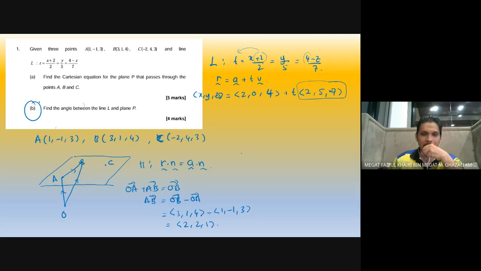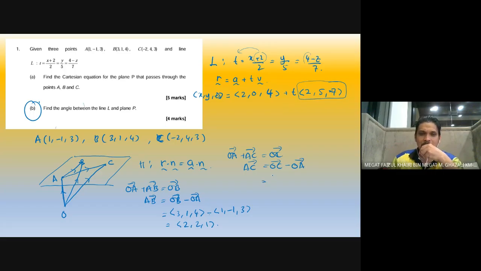Then we also need to find another vector, from O to A to C equal to OC. OA plus AC equal to OC, so AC equal to OC minus OA.